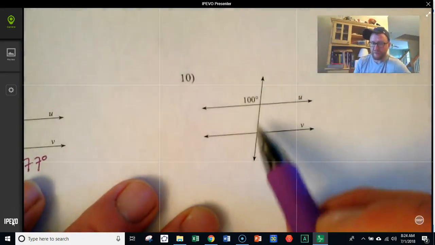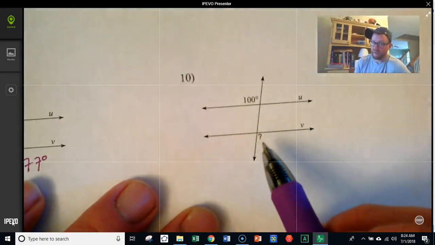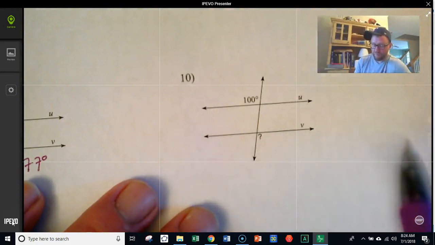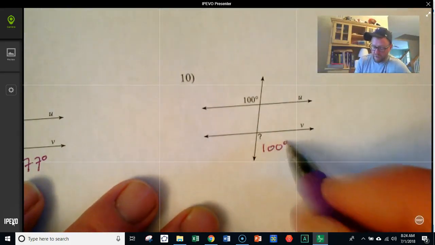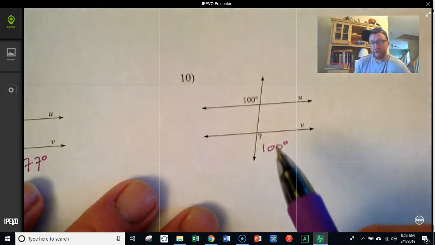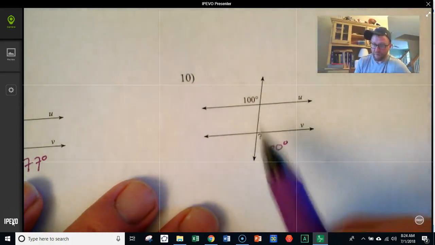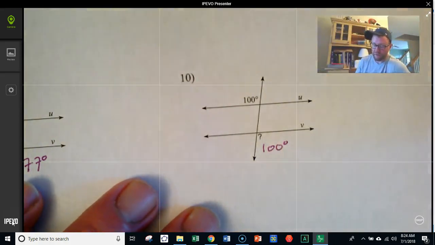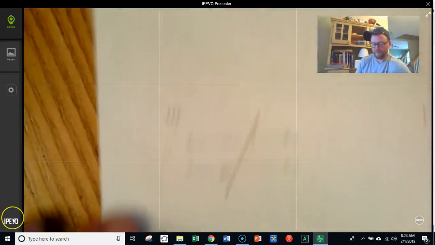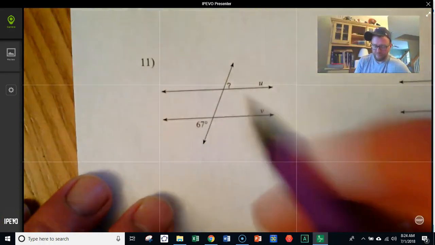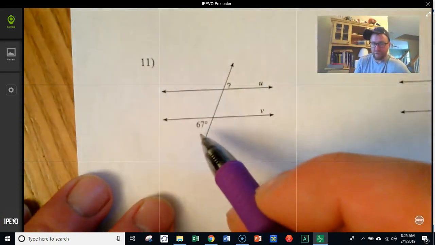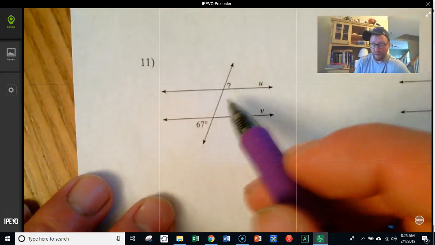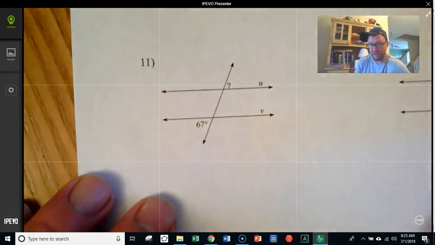Here, these are on the opposite sides of the transversal. They're outside the parallel lines. So if this angle is 100 degrees, these are alternate exterior. If that's 100 degrees, alternate exterior angles will be congruent, and therefore the lines will be parallel. Here, opposite sides of the transversal, that's alternate, outside the parallel lines, exterior.